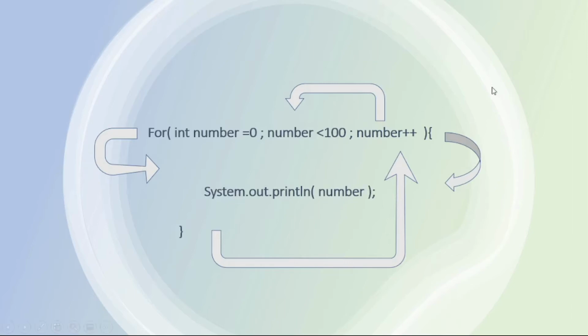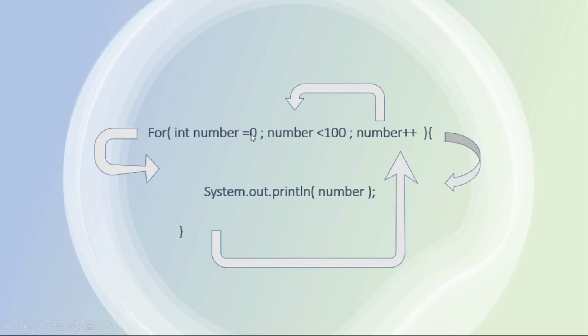So 1 plus plus is equal to 2, and 2 is actually smaller than 100, so again this will be printed on the console. So if the number here becomes 99, then it will come to this point, number plus plus, and 99 plus plus is equal to 100, and actually 100 is not smaller than 100. So this condition becomes false and the program exits here.